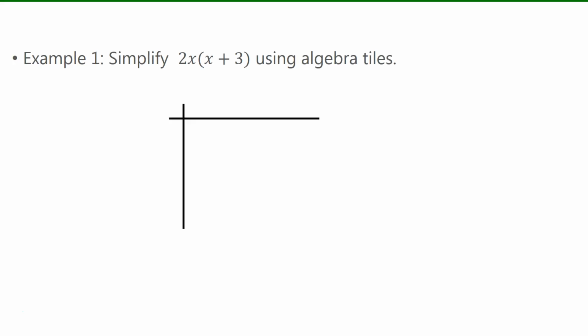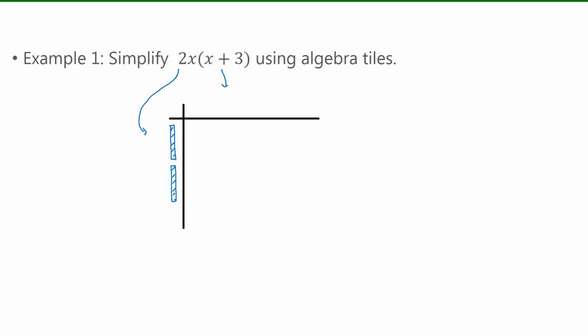So example 1, I have to multiply 2x by x plus 3. So we'll be using this T-shaped chart to help us organize the tiles. We place one of the expressions down along the side. So here I'm going to place 2x. Shade these in since they're positive.